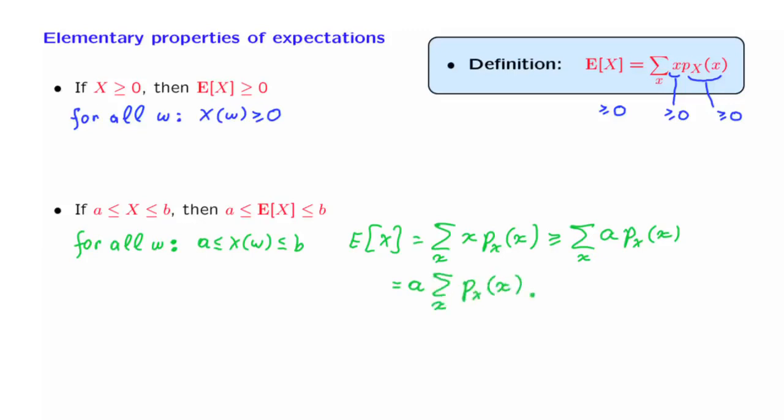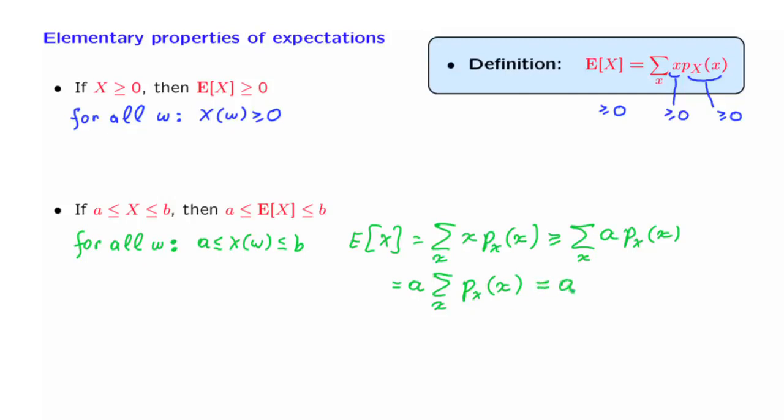And finally, we recall that the sum of a PMF over all possible values of little x is equal to 1. Why is that the case? Well, these are the probabilities for the different numerical values of the random variable. The sum of the probabilities of all the possible numerical values has to be equal to 1 because that exhausts all the possibilities.